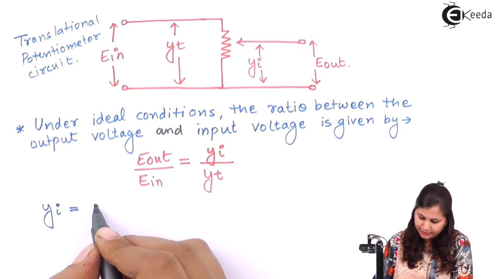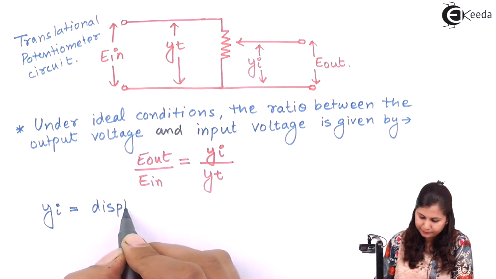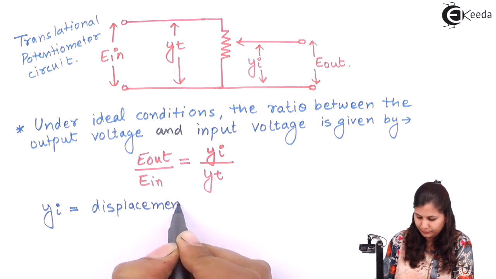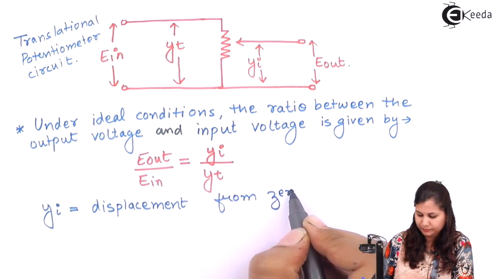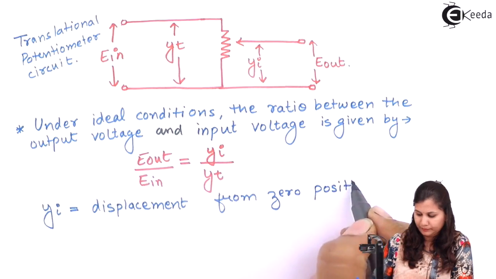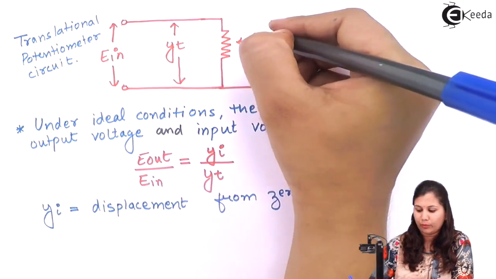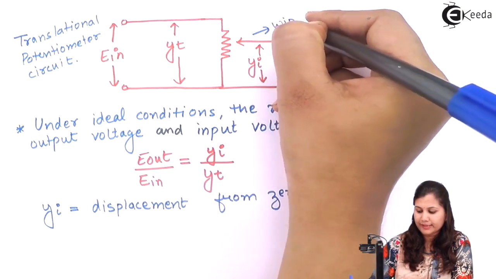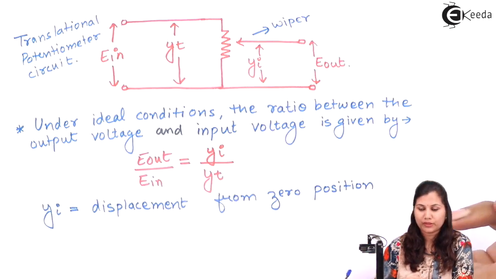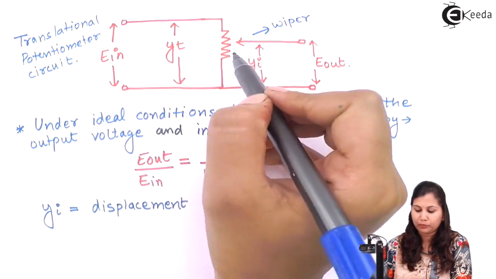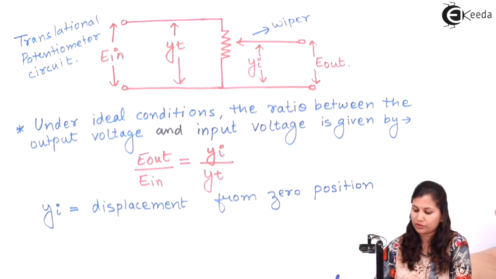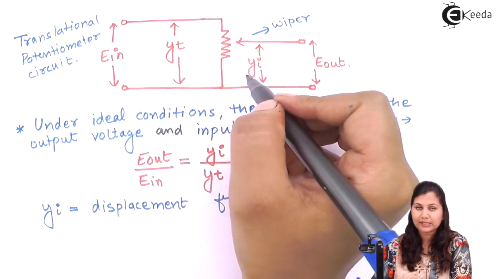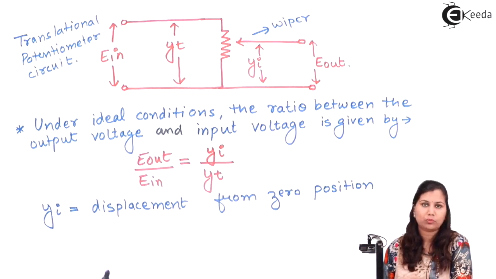Yi is the displacement from zero position. That means this is the wiper, and first this wiper is kept at the zero position. Now when the input voltage is applied, this wiper will be moved from the zero position. So this displacement from zero position is Yi.